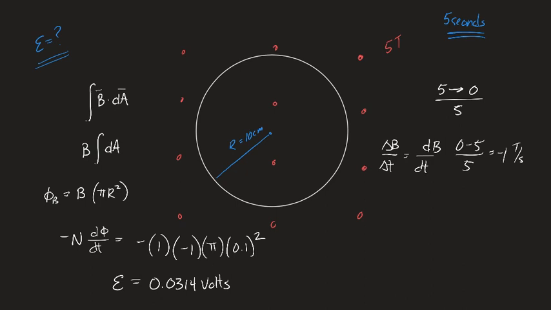Direction. That's the big one here, right? The direction. See if you got that part right. That's got to be the direction of the current. The magnetic field is disappearing.